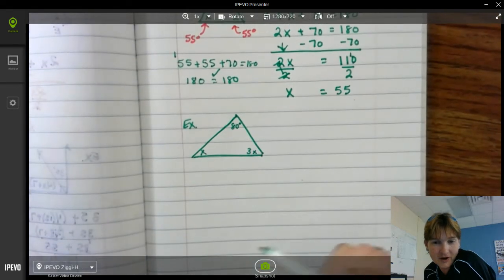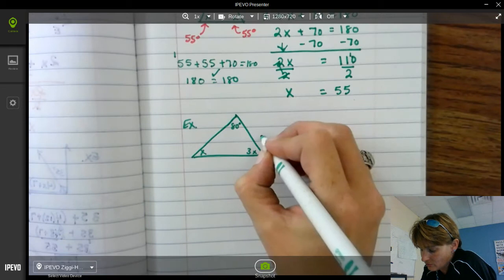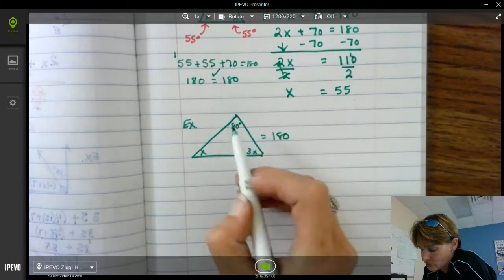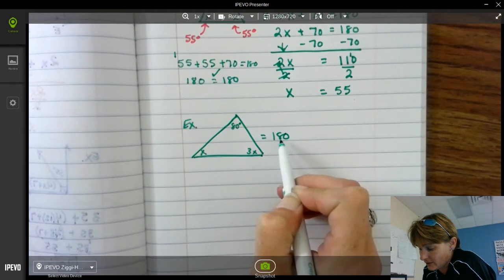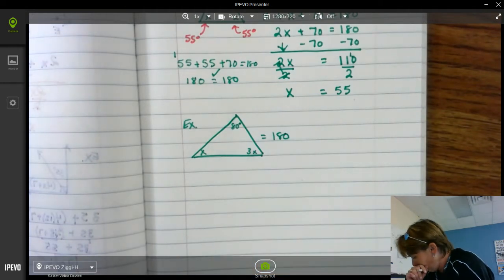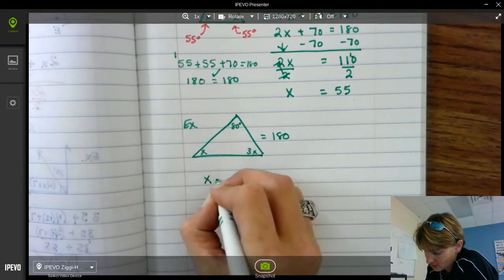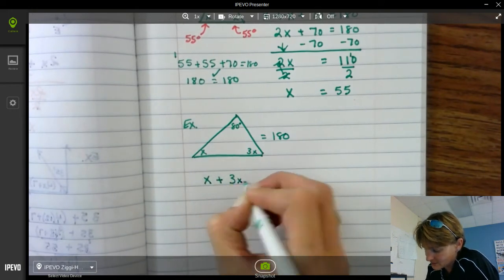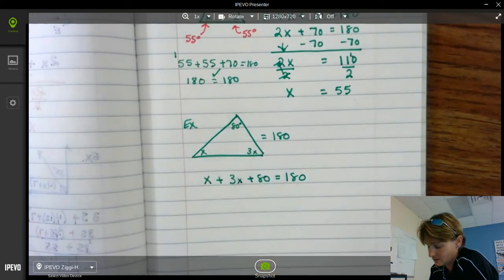All right, so we want to find the value of x. So remember, triangles equal 180 degrees. So adding all three angles together, we should get 180 degrees. So we take x plus the 3x plus 80, and I should get 180 degrees.